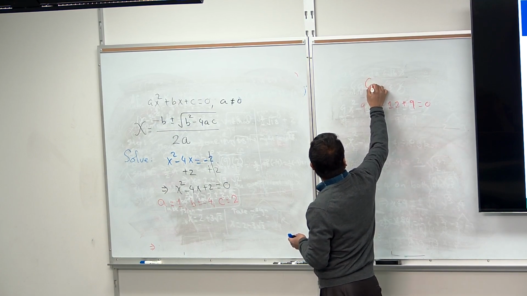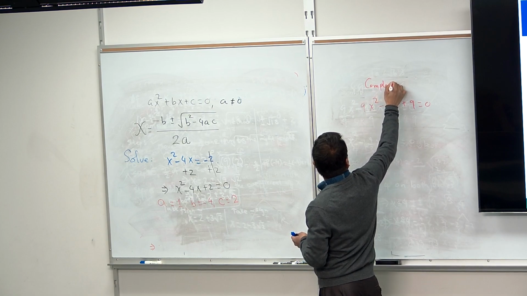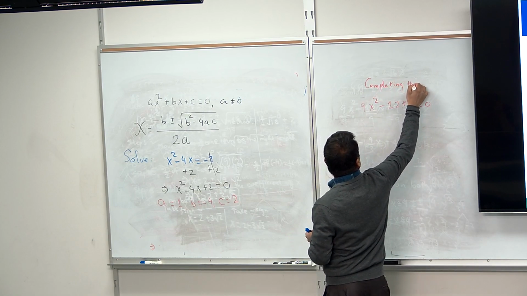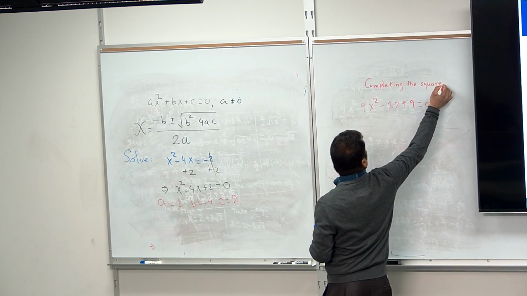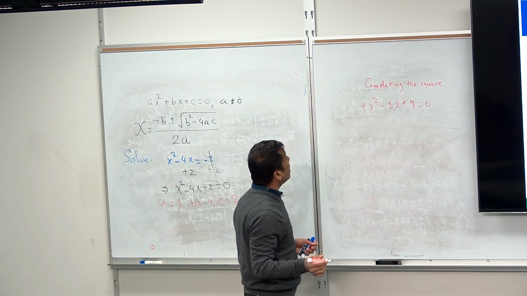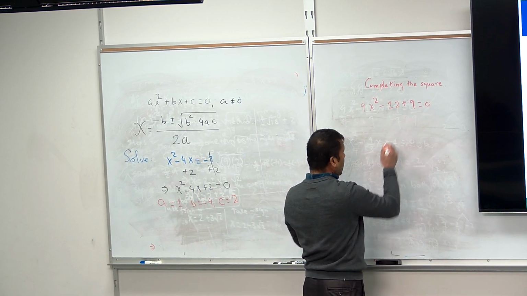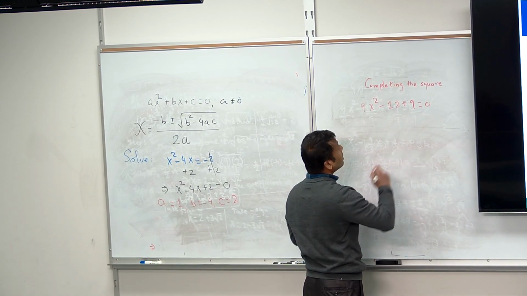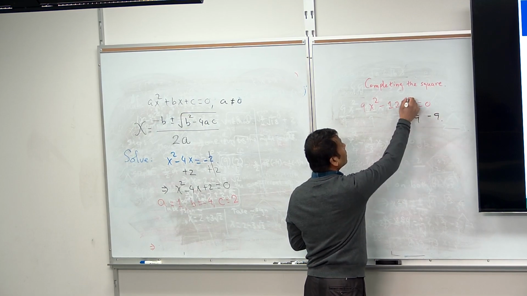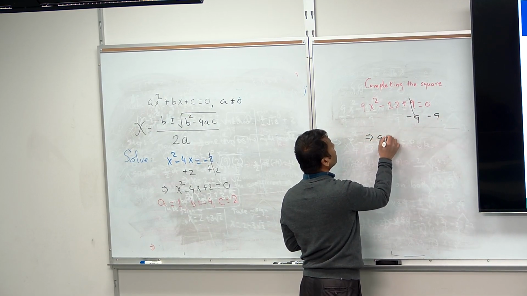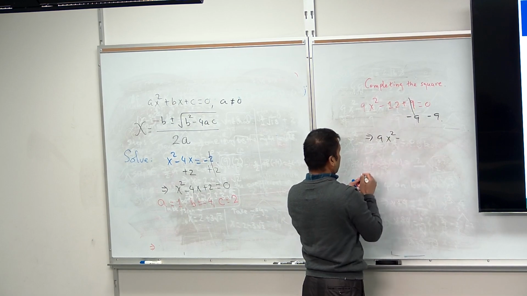You are going to use the completing the square method. Is that right? What I told you is, to use the completing the square method, you have to move the constant term to the right side. So you subtract 9 on both sides. So this is 9x squared minus, I missed x here, okay? This is 12x.